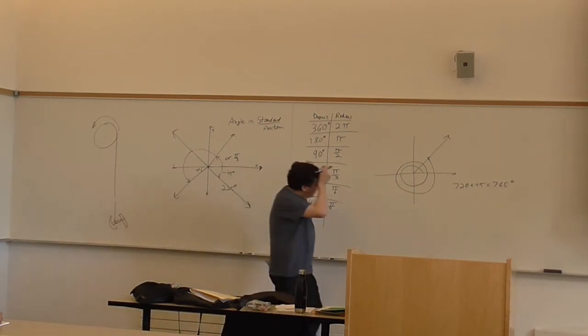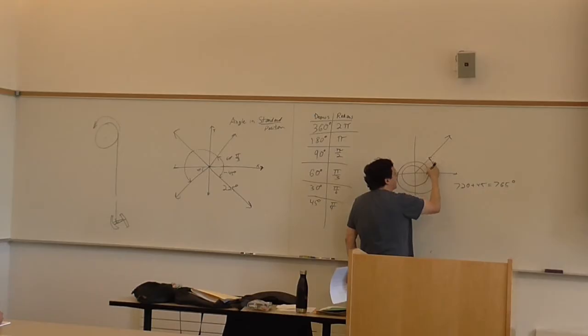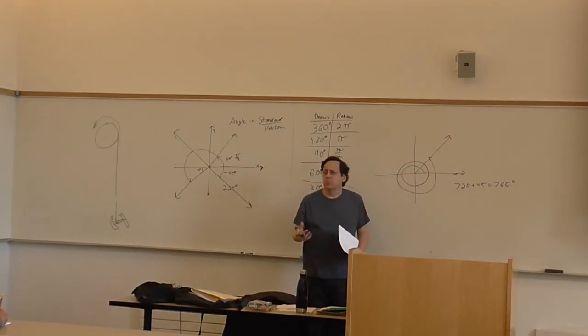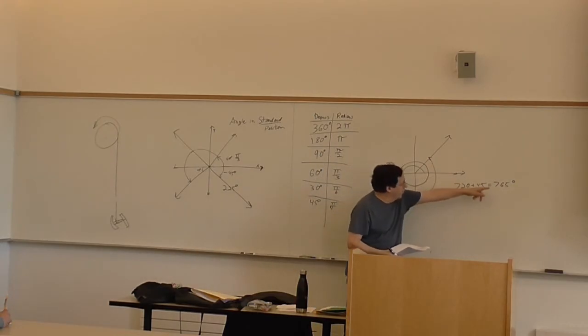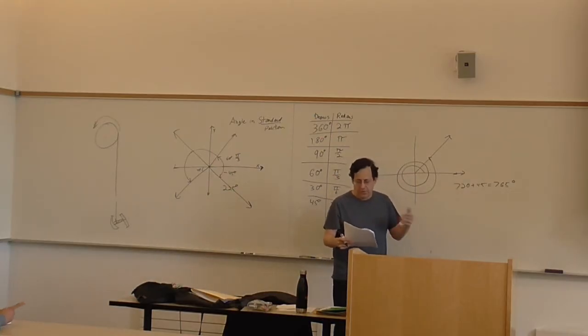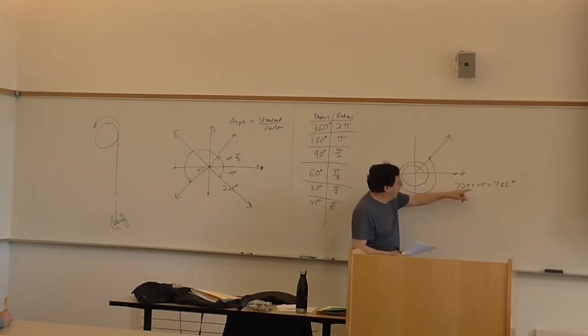However, we have to recognize that if we just look at this and we see this ray and this ray, we don't really know, is this a 45-degree angle or a 765-degree angle? Well, we might know, we might say it is, but we have a way of relating these two angles.